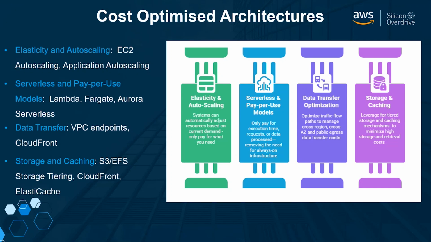But we also have to look at what we call modernization down the line. If you think about it from a business perspective, as your business grows, you also want to gain more efficiencies, even for your technology. So there is where you start, but then you need to grow towards efficiencies.